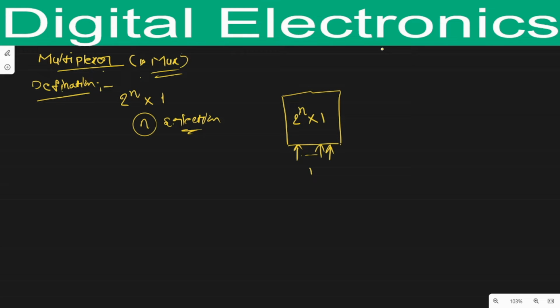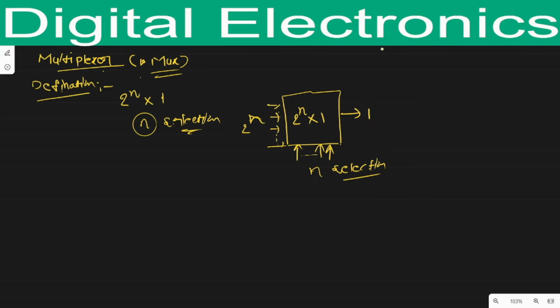These are the n selection lines. 2 raised to power n inputs are there, and accordingly we will get one output.